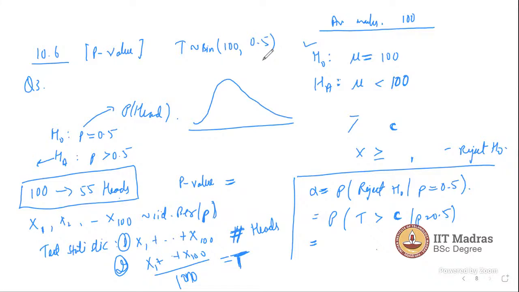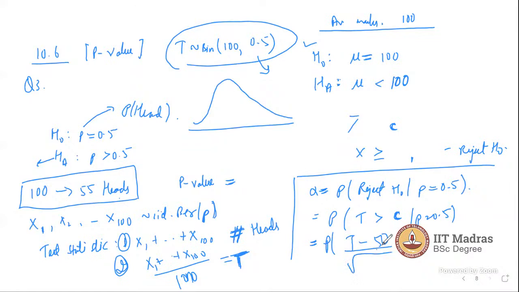If I have to normalize this, I will subtract the mean of T and divide by the standard deviation of T. The mean of T is 50, so T minus 50. And the standard deviation is square root of np into 1 minus p, so 100 times 0.5 times 0.5, which is 25. Yeah, sorry, just 0.25.